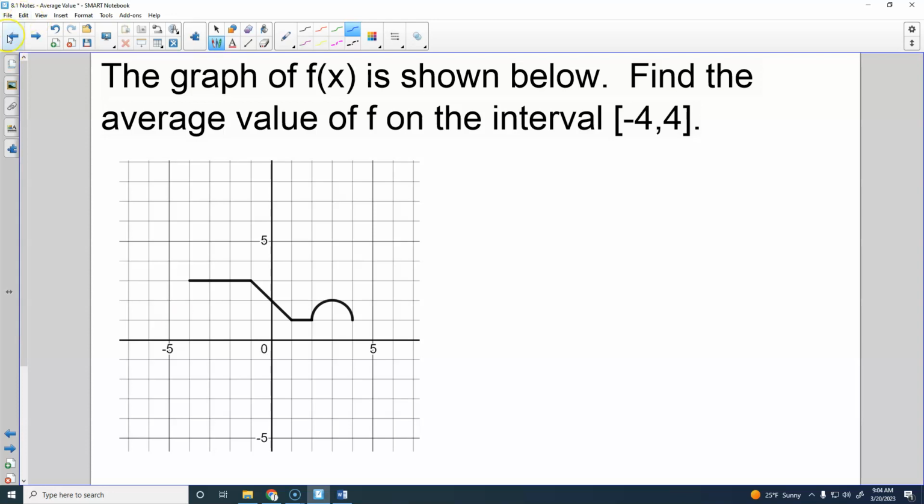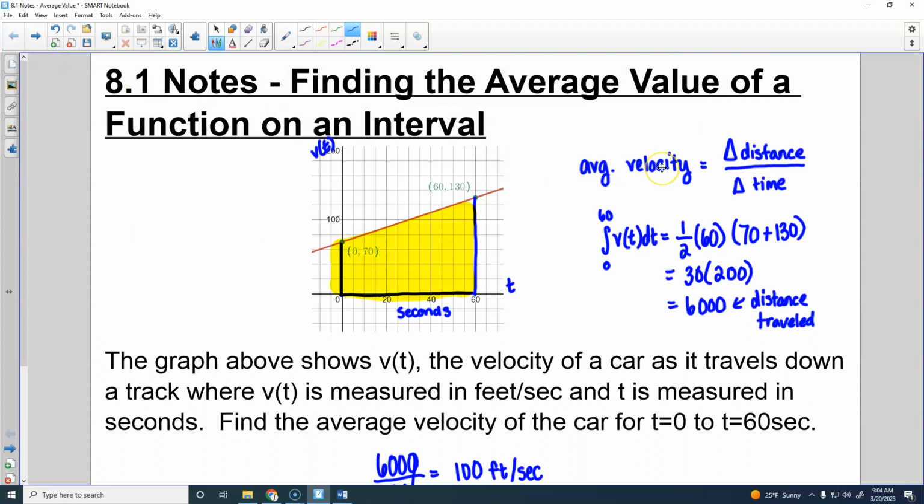To me, it's a little bit easier to think about with something like velocity, because we're already familiar with how to find velocity. We know velocity is change in our distance over our change in time. So think about what we did here. My average velocity was my change in distance, which was the integral of velocity, divided by time, right?